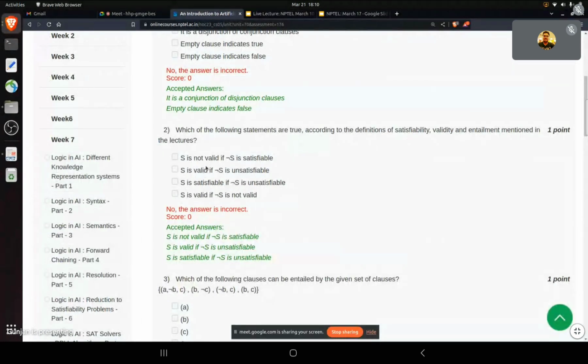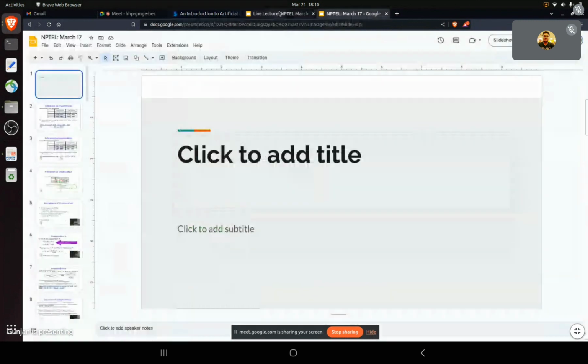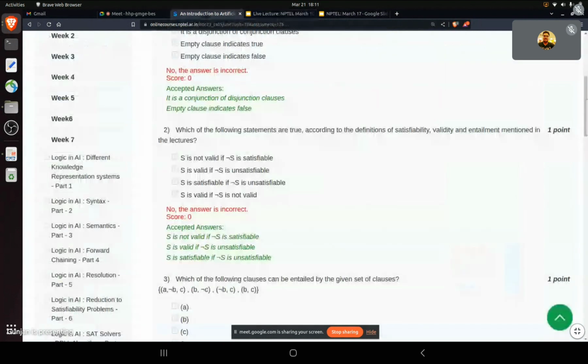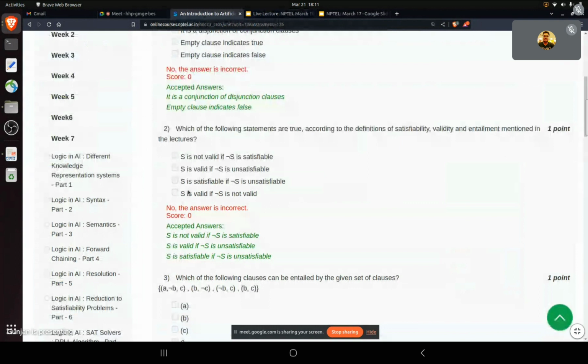That is also correct because it is a valid statement. And S is valid if not S is valid is clearly not correct, because if not S is not valid, that means not S is not true in all worlds, right? And that means S is false in all worlds, which means that S is unsatisfiable. S is valid is not a true claim.